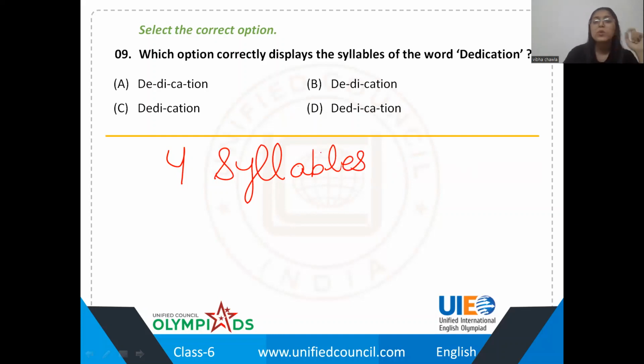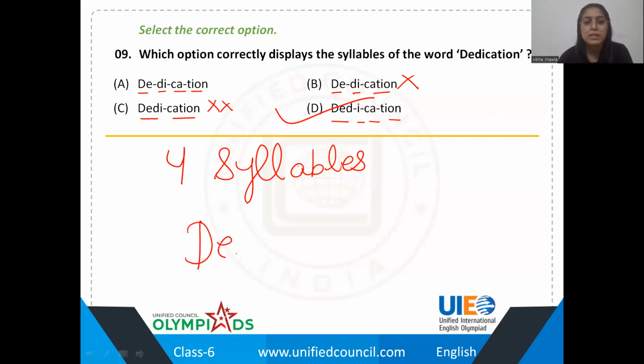Okay, so if we look at the options, 1, 2, 3, cancelled. 1, 2, ruled out. Okay, option A and option D both have 4 syllables given. Now we have to check the correct one. So the correct one is option D. Okay, the syllables are like this.